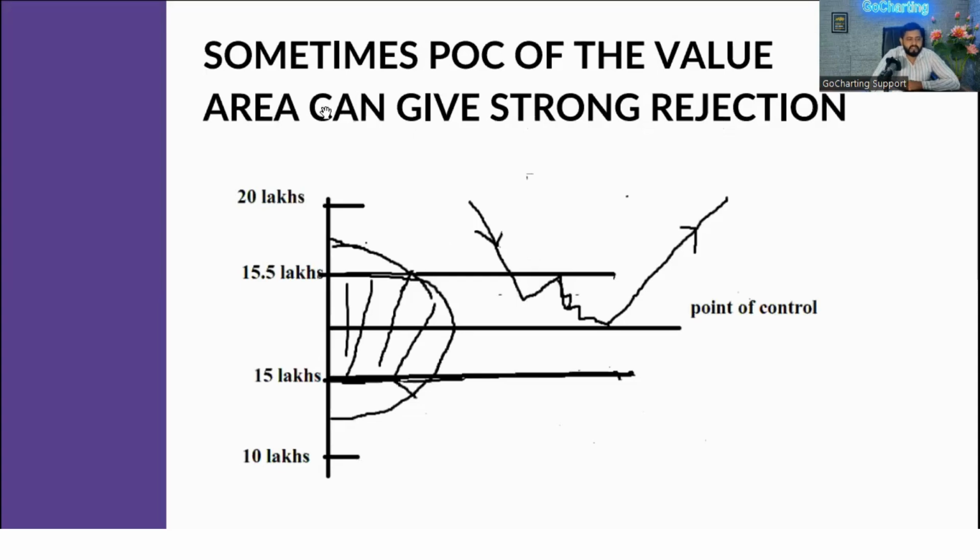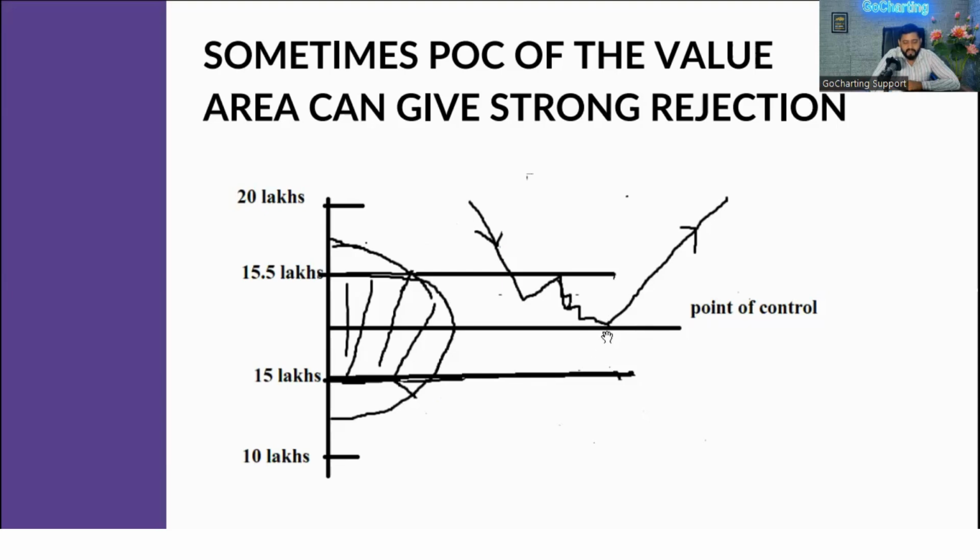Now, the next rule is that sometimes the POC of the value area can give strong rejection. So what happens, friends, if this is your value area, you know that this is the POC where the maximum level of trading has happened. So sometimes this POC can give a small rejection. So when you are taking a trade from value area high to value area low, make sure that when the market is trying to go down, you are very cautious at the point of control level.